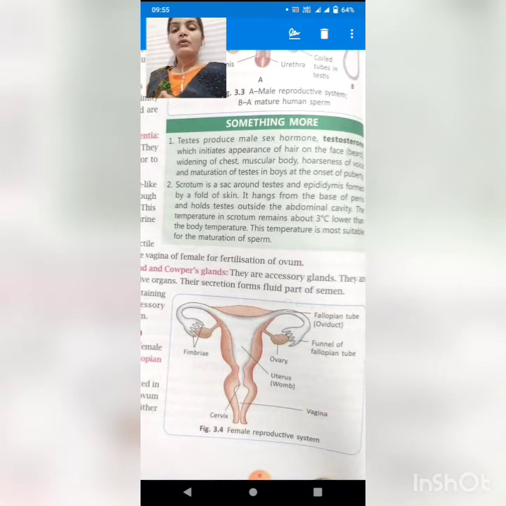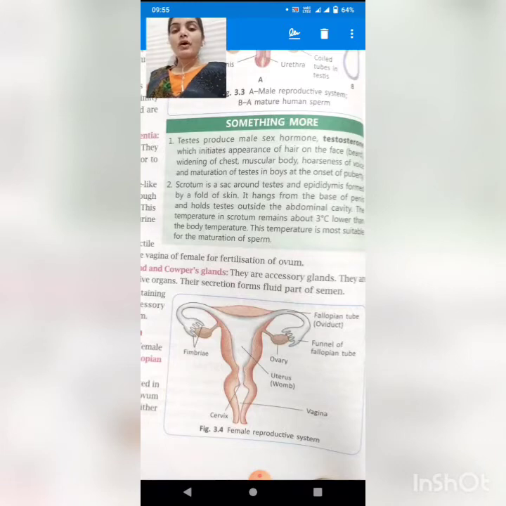Okay. Now the vagina and cervix part. The vagina is the main opening found in the female reproductive system, and the cervix acts as a barrier through which the ejaculation process takes place.